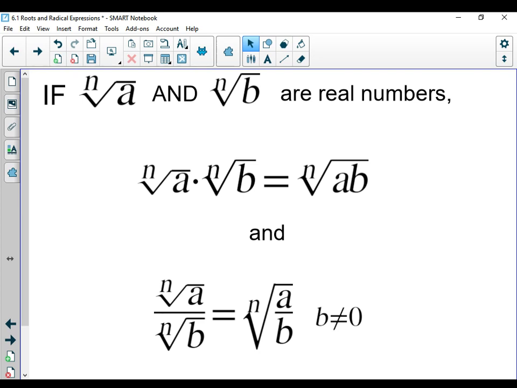Then division, if I have the same index on top of the same index, I can write it as one big radical, okay? I can go the other way. If it is one big radical, I can separate it out as two radicals, okay? So those properties, I can go forward or backwards.